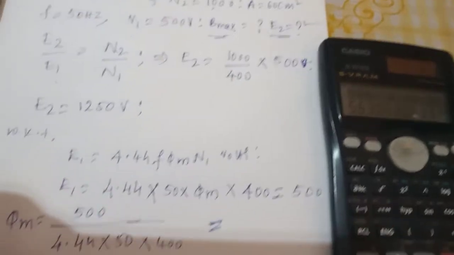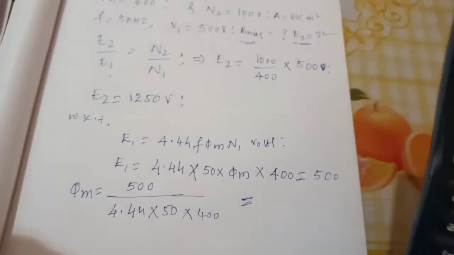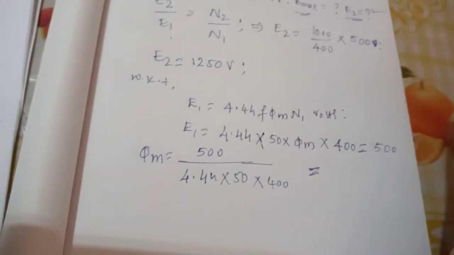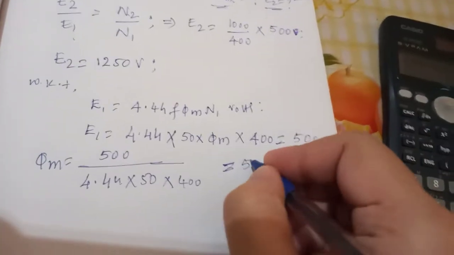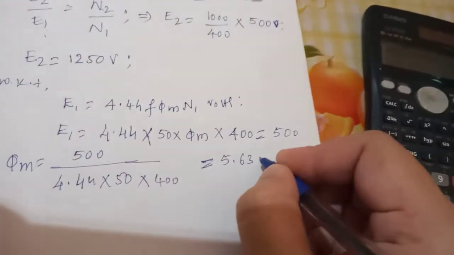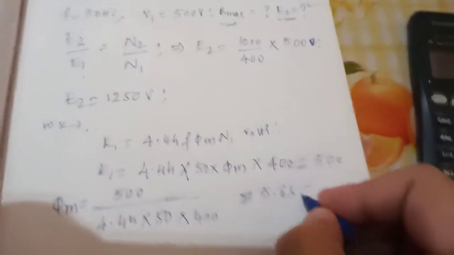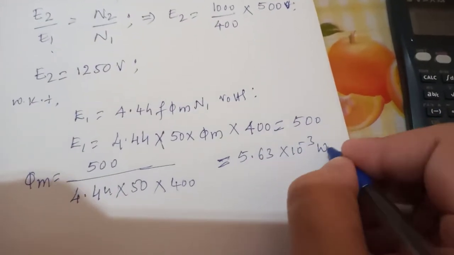It comes around 5.63 milliwebers, that is 5.63 into 10 to the power minus 3 webers.